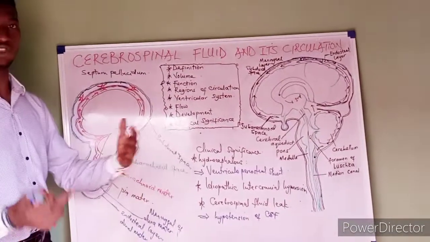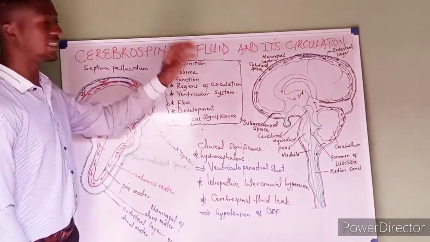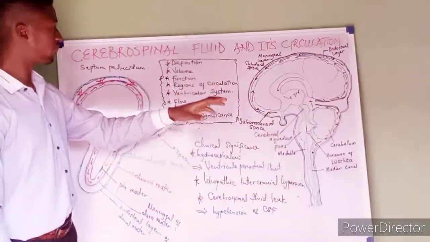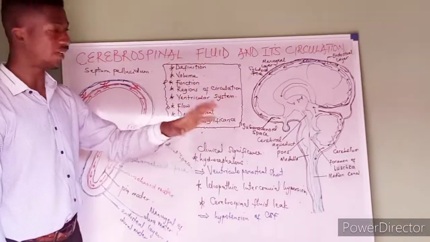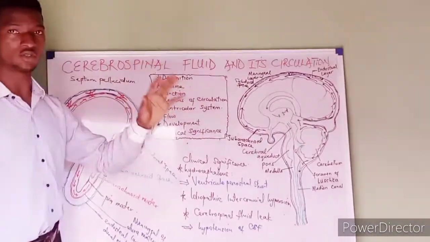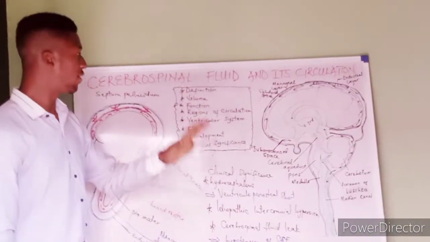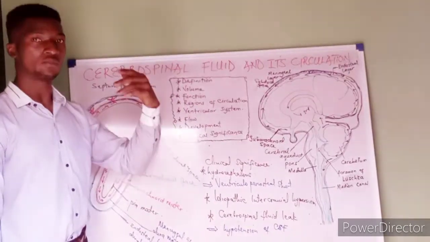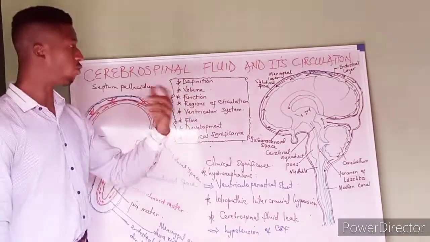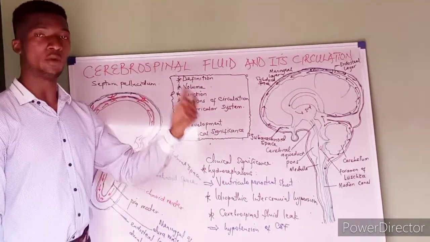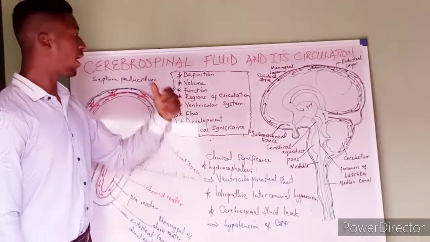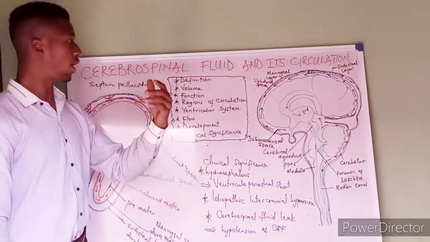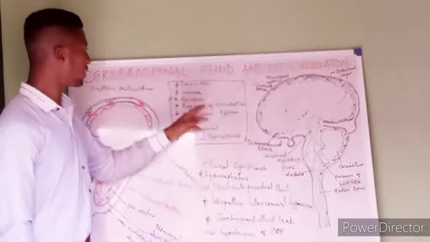To summarize quickly, cerebrospinal fluid is a clear colorless fluid found within and around the central nervous system. The volume is about 90 to 120 milliliters. The function is that it helps to protect or cushion the brain from injury, and also it serves as a supply of nutrients and removal of excretory substances.